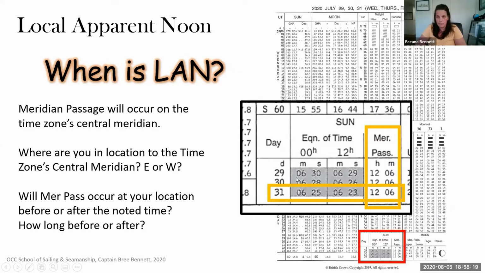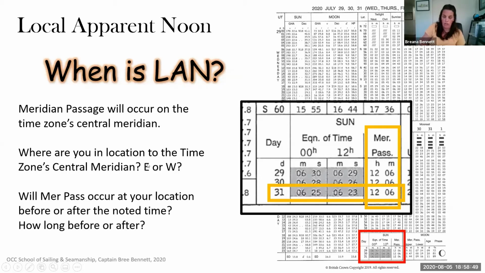So the example here they have for the 29th, 30th, and 31st of July, it happens each day at 12:06. So that's the meridian passage on each of these days. So now we're going to talk about the concept of time and when this is happening.